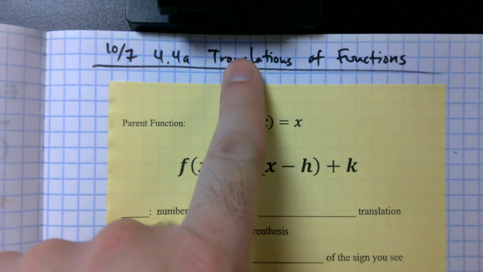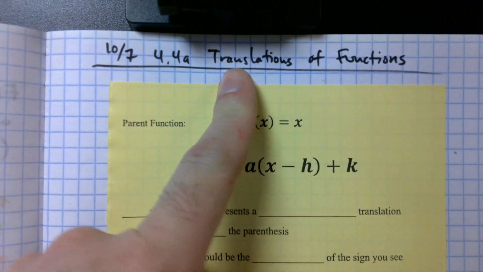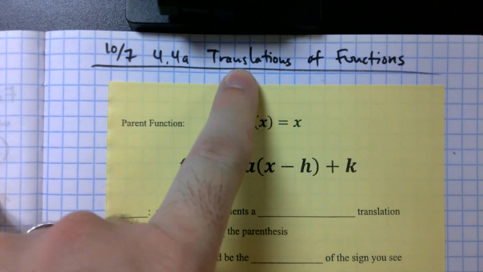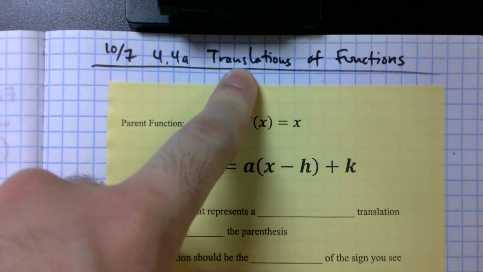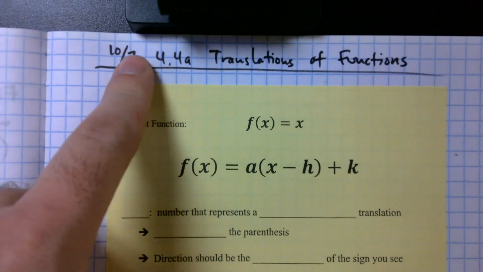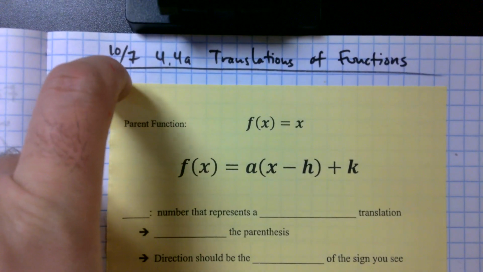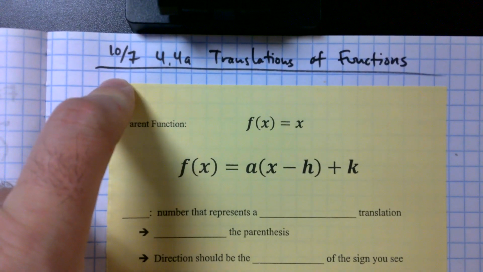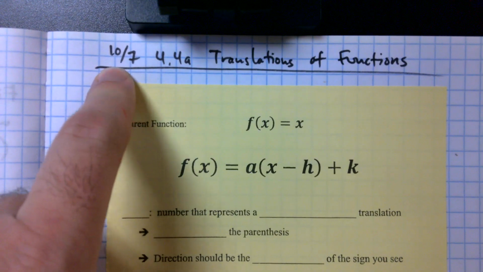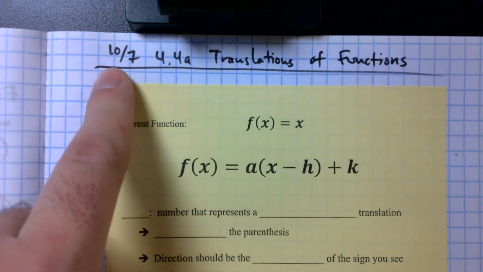Do you guys remember learning about translations last year? Who can help me out with what a translation looks like on a graph? Baron says going down. That could be a translation. Ben? Coordinates. Love that word. The movement of your line.